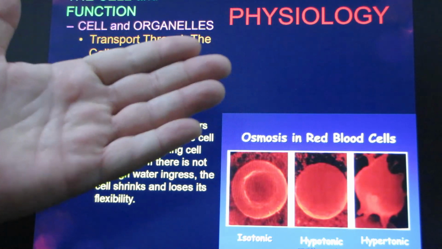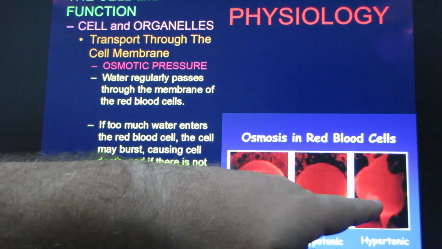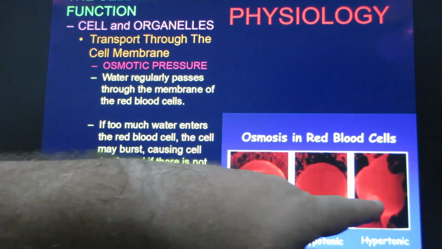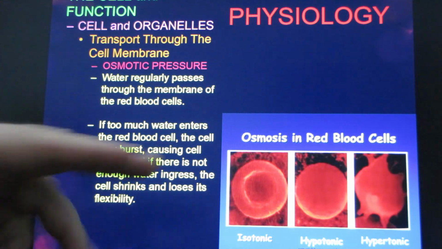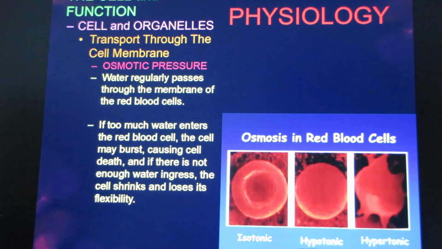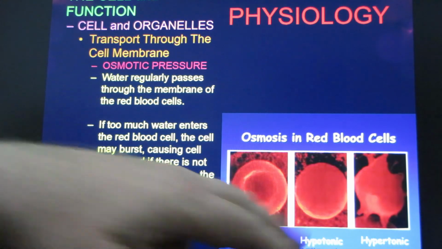But if you place the cell into a hypertonic medium, then the cell will give its water outside and shrink and will look like something like this. And this is a very good example of plasmolysis and deplasmolysis. This is plasmolysis and this is deplasmolysis.